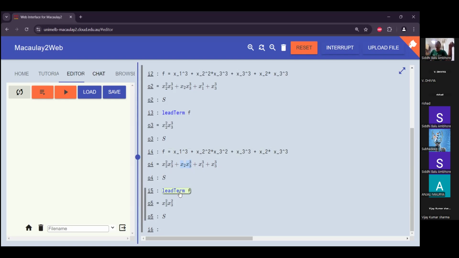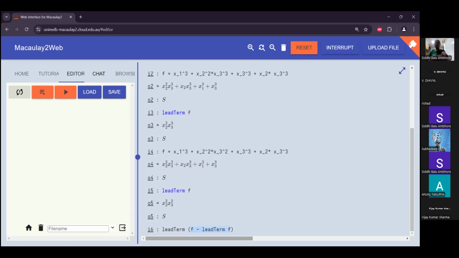And that's when we get ai minus bi to be negative, when the degree of the bi term is least. Similarly, we wanted to find the lead term of f minus lead term of f.